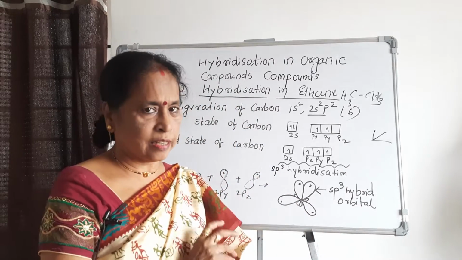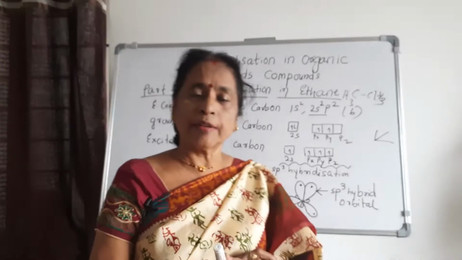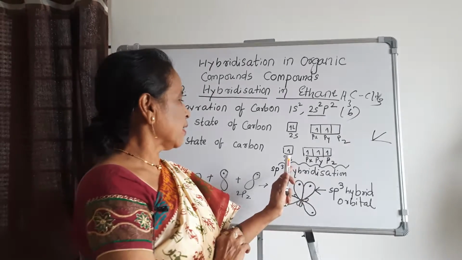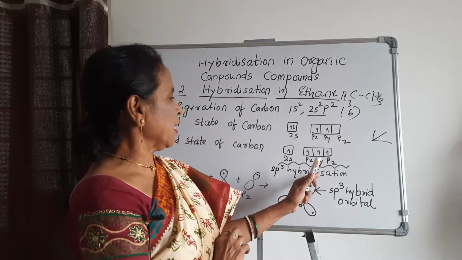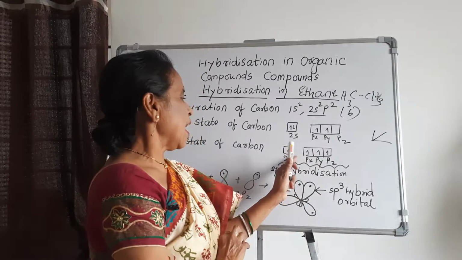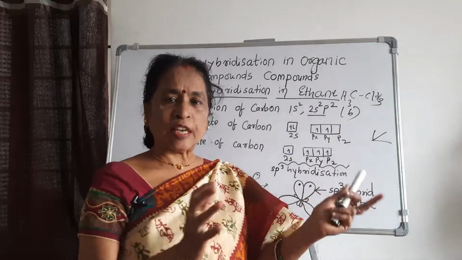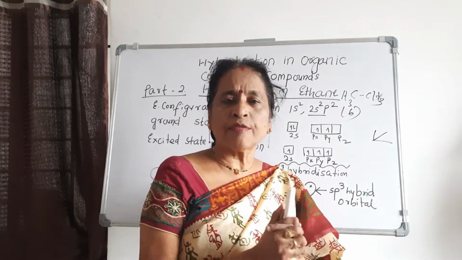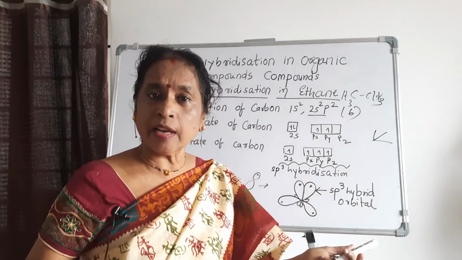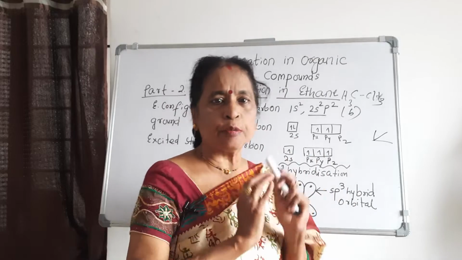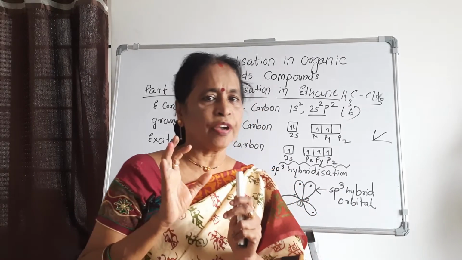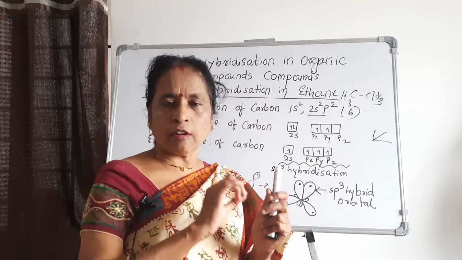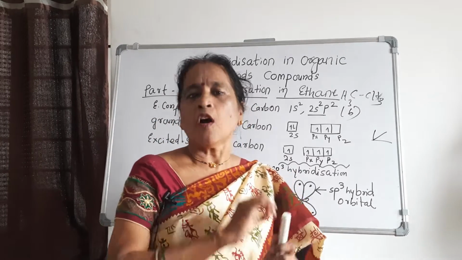I told you about sp3 hybridization in carbon in methane. Then what is hybridization? It is the intermixing of orbitals having different energies and their redistribution in a uniform way into new orbitals, called sp3 or sp2 and so on.